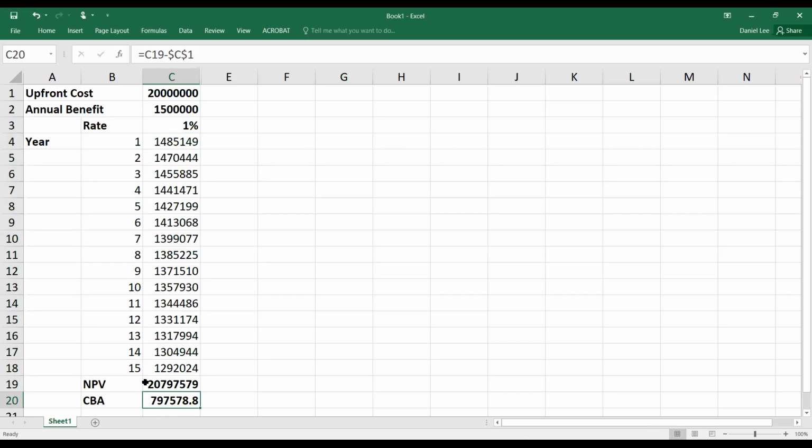So what's a rate that might not pass cost benefit analysis? If I'm looking for a rate that will not pass cost benefit analysis, is it going to be higher or lower than this rate? What do you guys think?